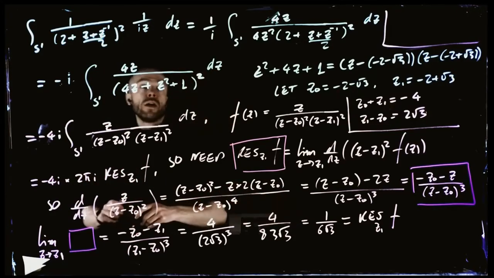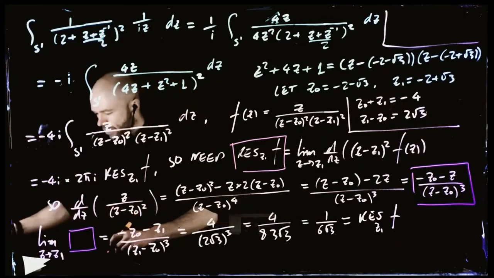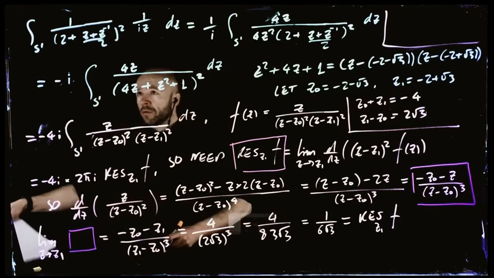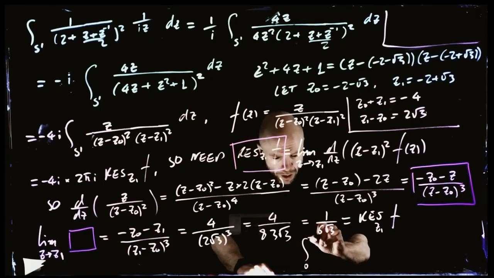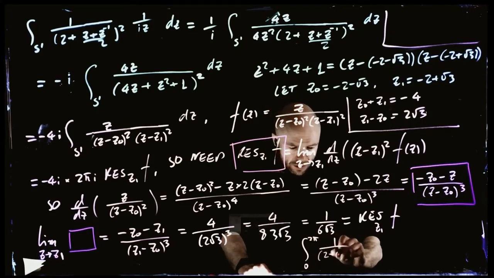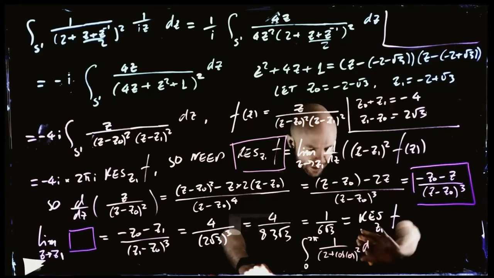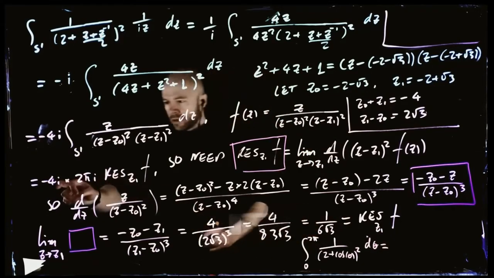So the actual answer to our integral, from 0 to 2 pi of 1 over 2 plus cosine of theta squared d theta, is equal to, so what's this going to be?